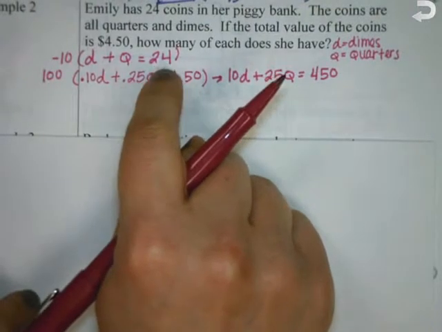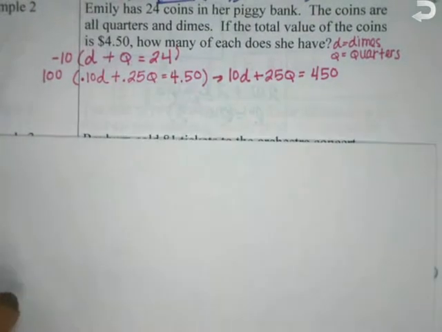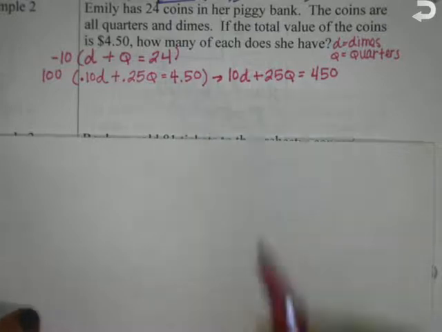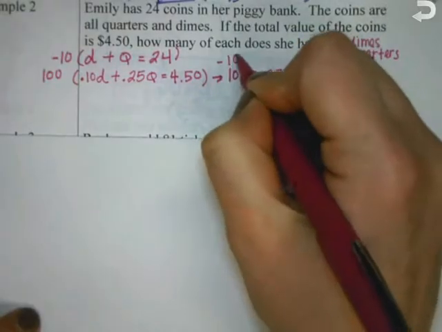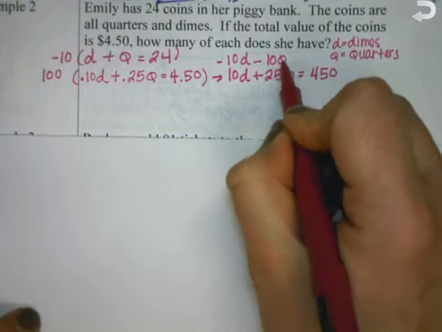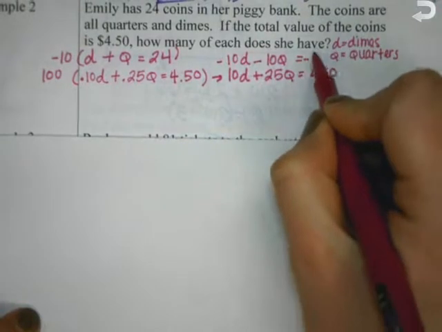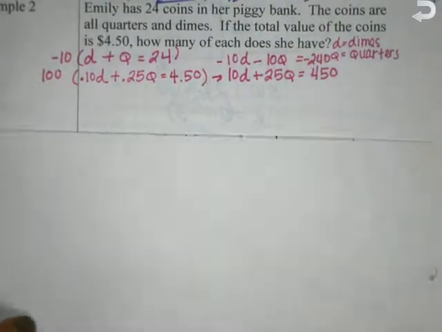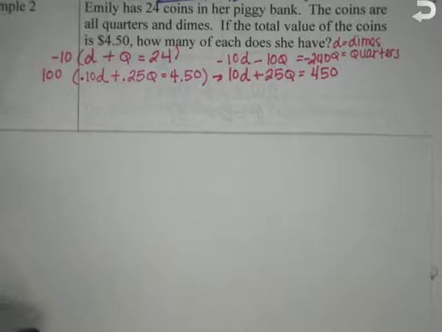So negative 10D minus 10Q equals negative 240. And I apologize for having to write so small, guys. I really didn't think it was going to take that much space.